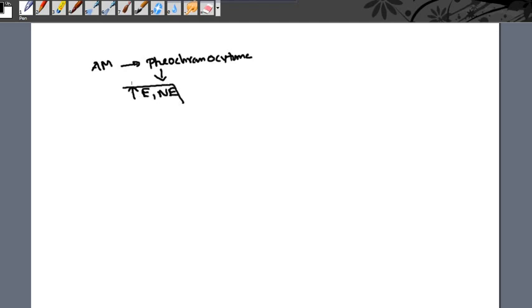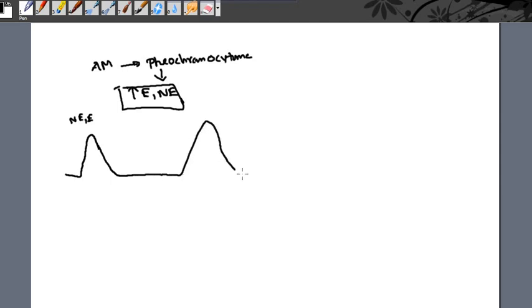But the release is not continuous, it is episodic. So there is release of norepinephrine and epinephrine, then the concentration goes down, then again there is no release, then again there is release, and again no release.